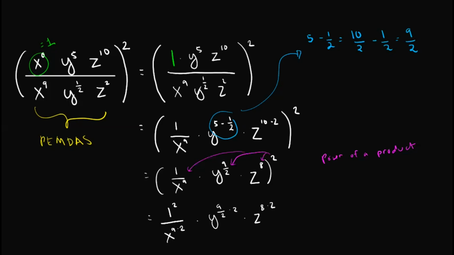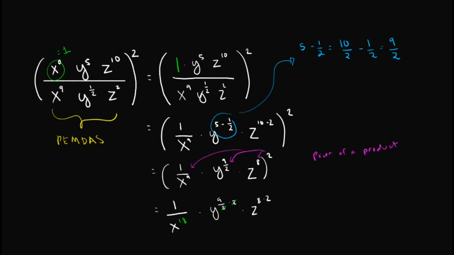And then we just simplify these exponents out here. Let's use this color. So first, 1 squared is simply 1. Then 9 times 2 would give us 18. This one, we simply cancel out the 2's out here, leaving us with 9.